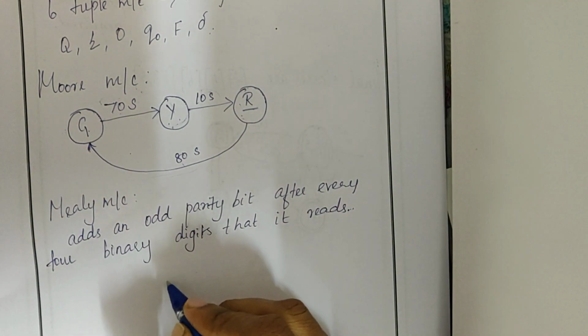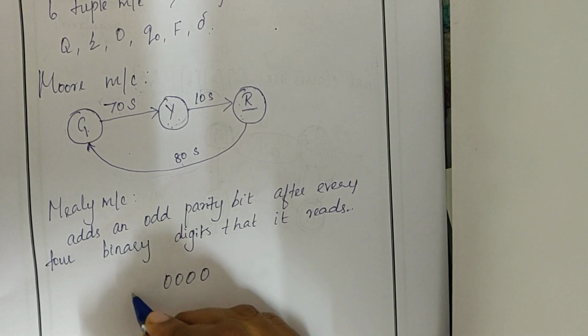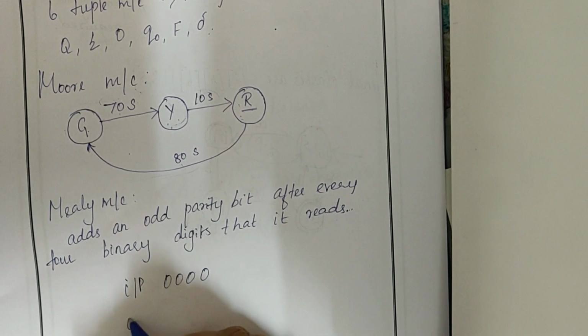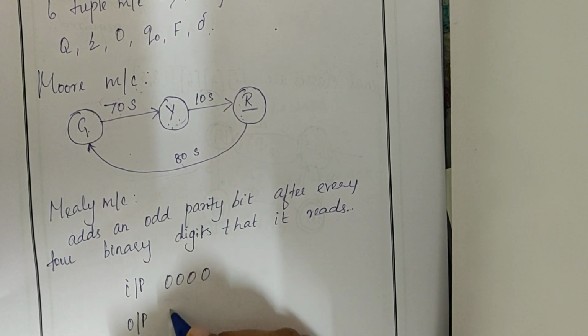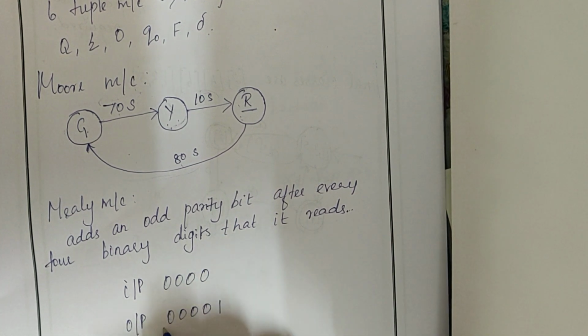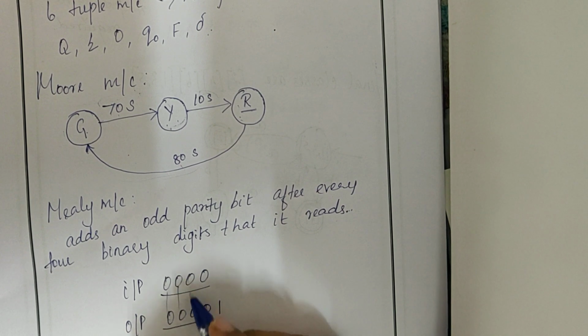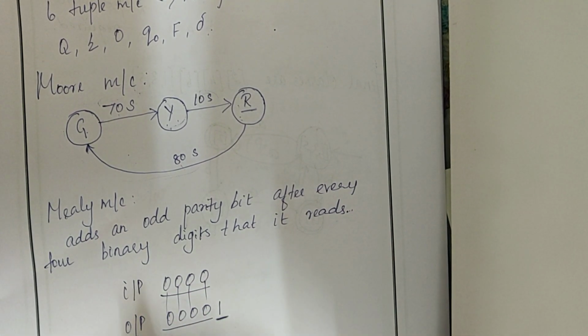Suppose it reads 000, this is my input. So what output should I get? I should get an output like this. The first 4 bits are the same as the input, but along with the parity bit.